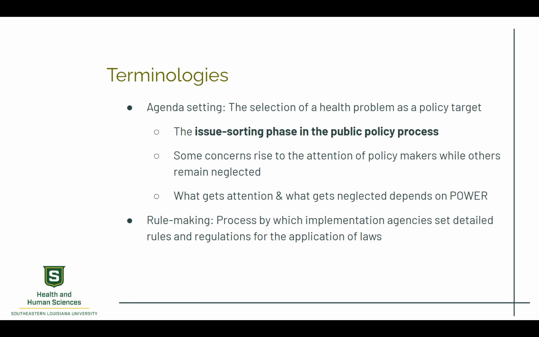So let's use, for example, the ACA. One of the things the ACA did was take out pre-existing conditions in the way insurance companies decide who can buy policies, the plans, and who cannot. By removing that pre-existing condition, that's what the law does.